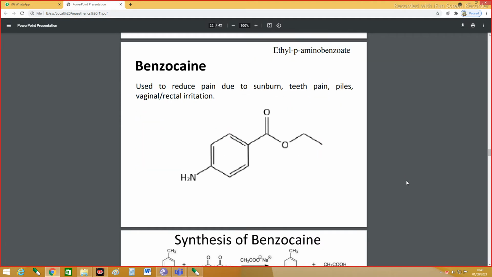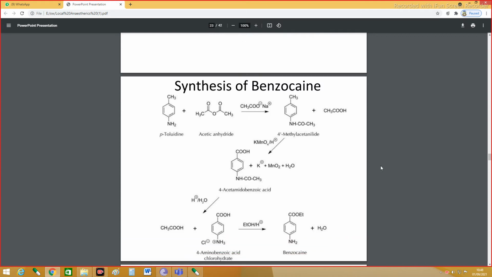Our next molecule is benzocaine. It is used to reduce the pain due to sunburn, teeth pain, piles, vaginal and rectal irritation. It is a simple molecule, derived from para-aminobenzoic acid, and the IUPAC nomenclature of benzocaine is ethyl para-aminobenzoate. We have a synthesis of benzocaine also.